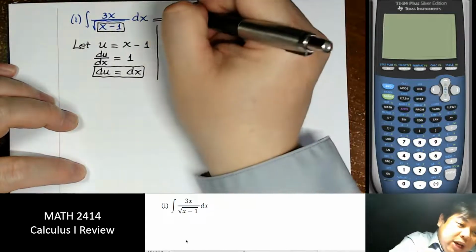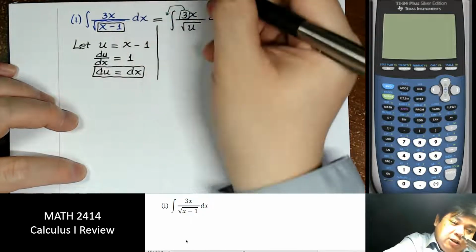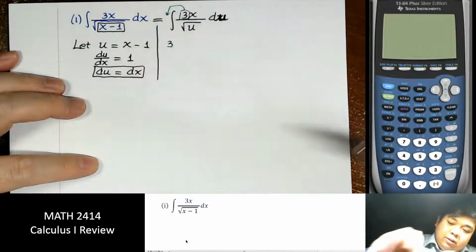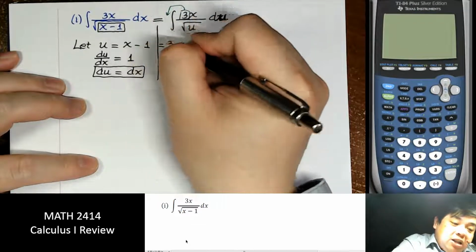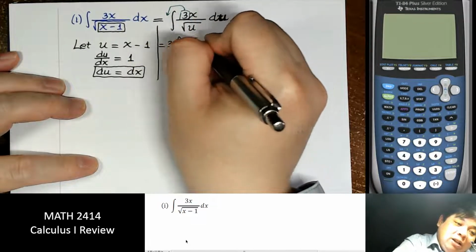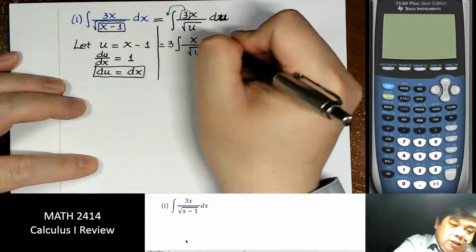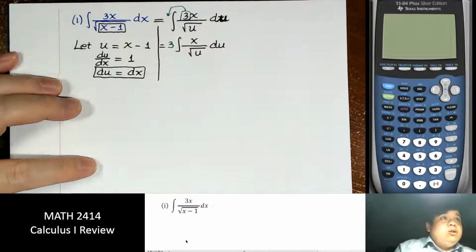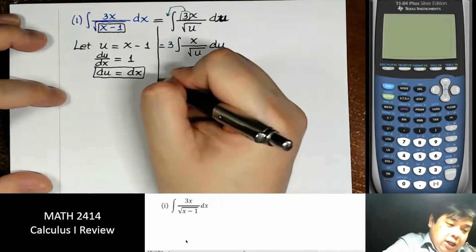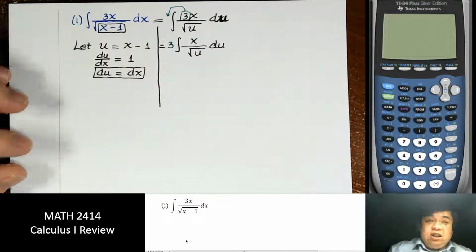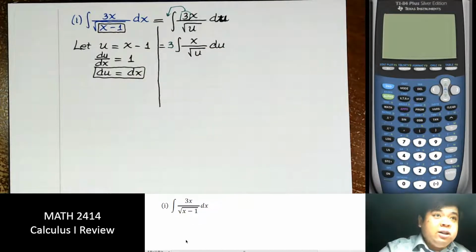But other than that, we're left with the x here, which cannot be cancelled. So that is a problem. If we have an x left, then the substitution usually will not work.